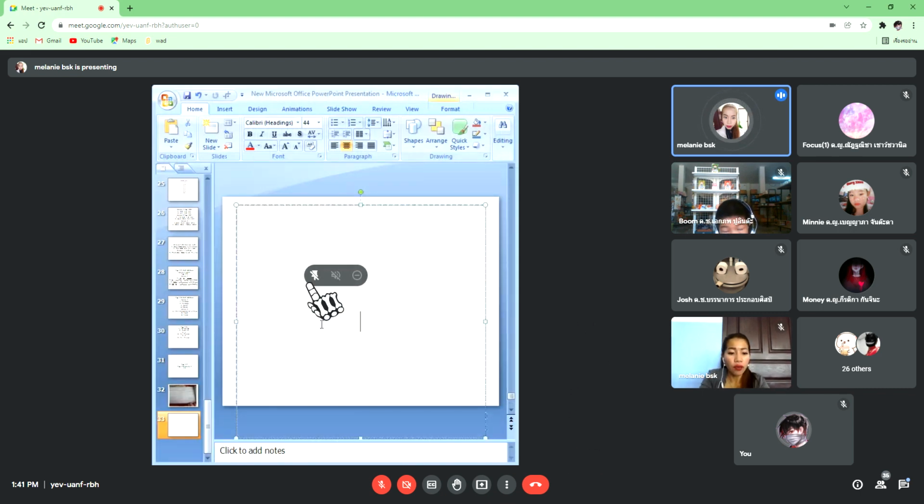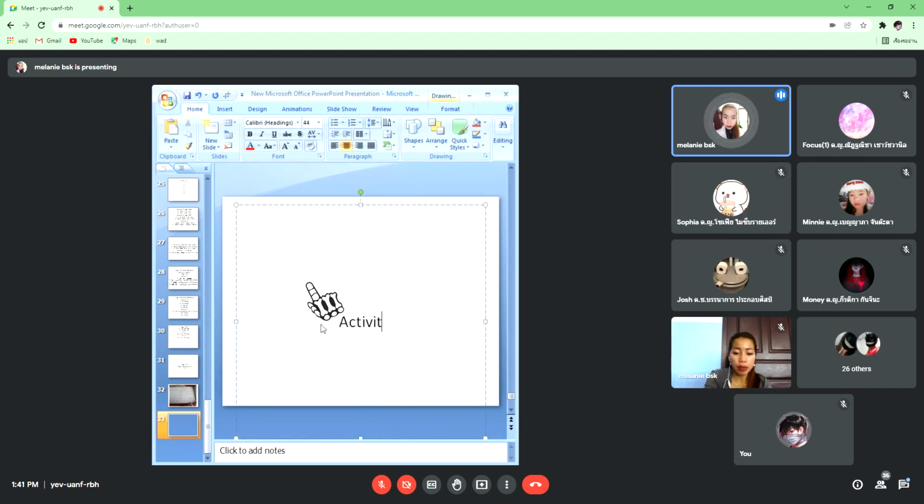Okay, so for activity 3, number 1, we have the first blank: radius AB is 1 centimeter long.